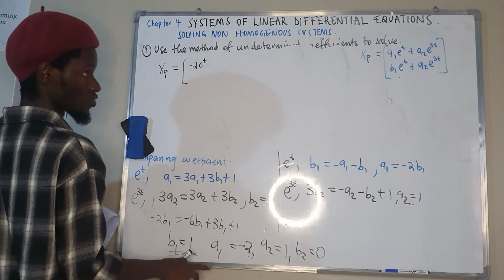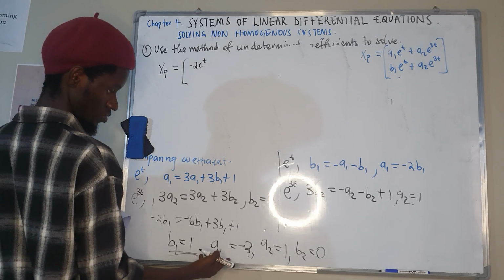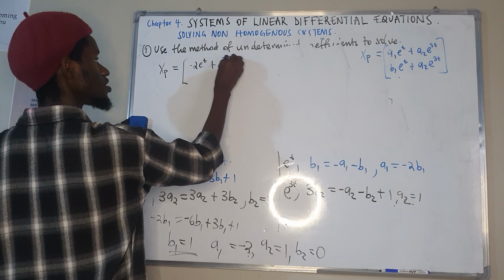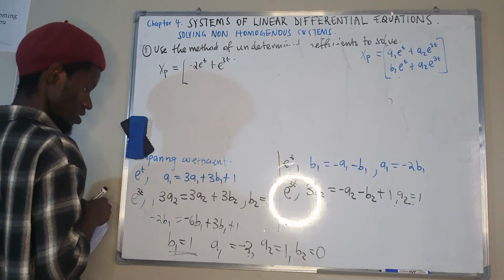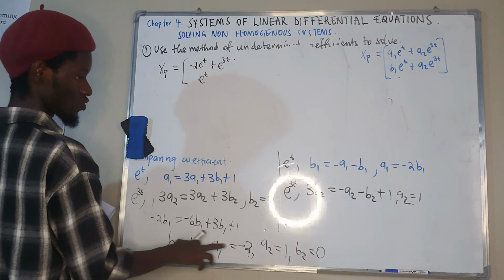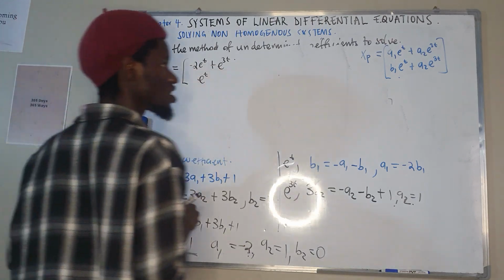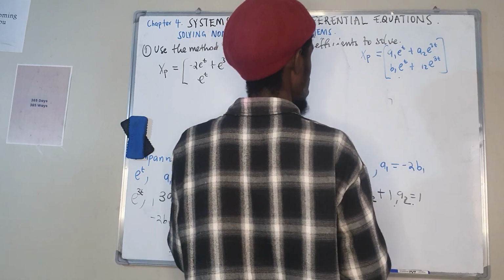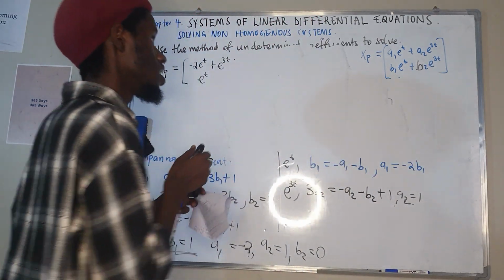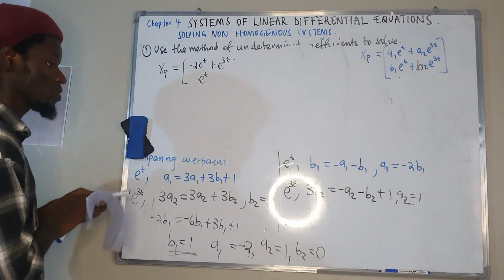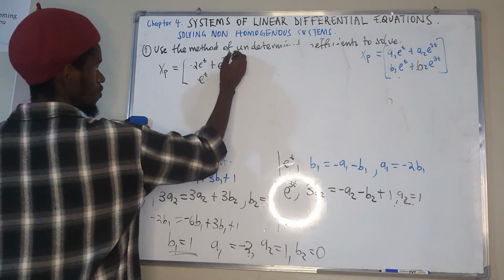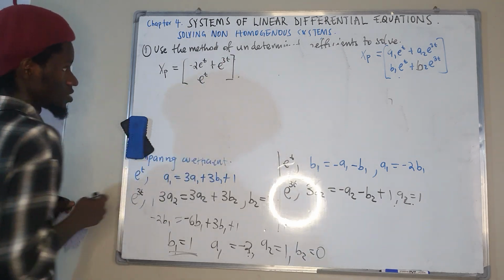Then what is my A2? My A2 is 1, then plus e power 3t. And what is my B1? B1 is 1, I have e power t, then plus B2. We said this is B2, not A2. My B2 is 0, then I have 0 plus 0. Therefore, this is going to be my xp.